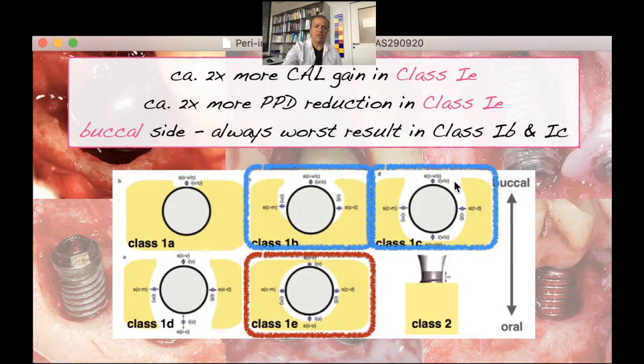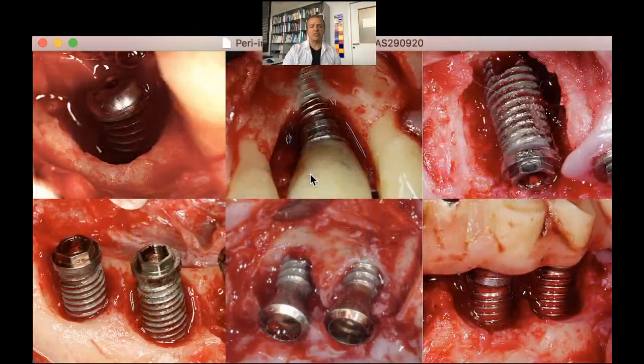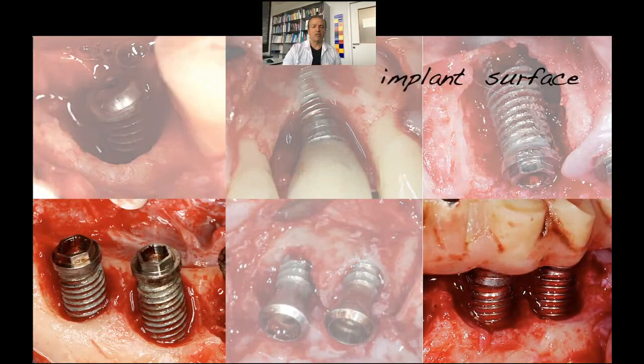And actually, when they looked specifically at which aspect of the defect did not respond to the regenerative therapy, it was indeed the buccal aspect, where the bone was missing. So defect morphology is important. Then the other important parameter that we have to evaluate when we have opened up is the implant surface.